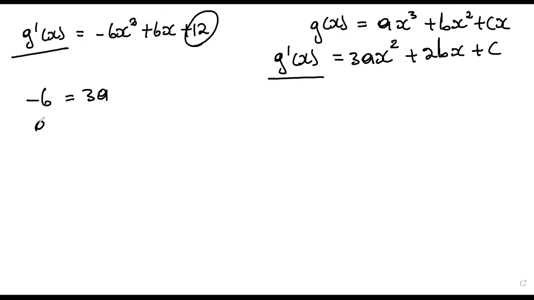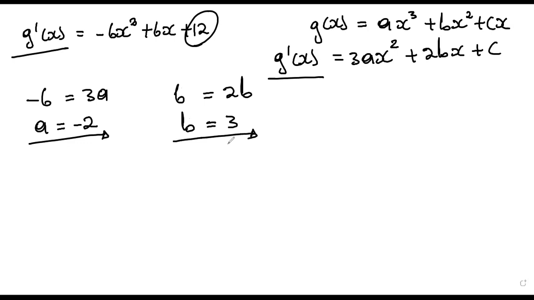So this means the value of a will just be negative 2. And then you'll say positive 6 has to be equal to 2b. So it means the value of b is supposed to be positive 3. So c is just a constant. It's also equal to the constant in this derivative.